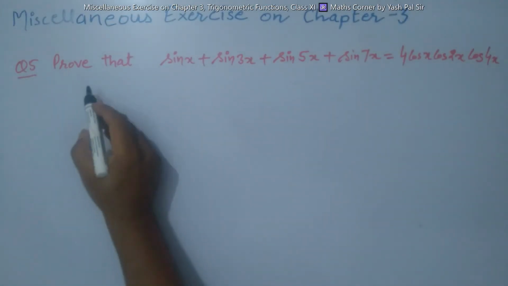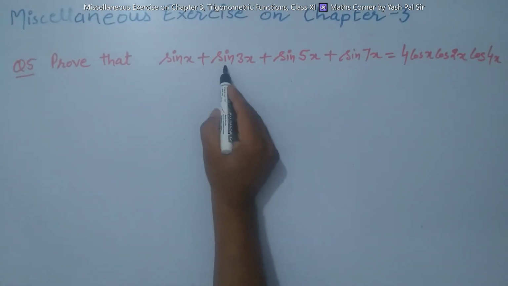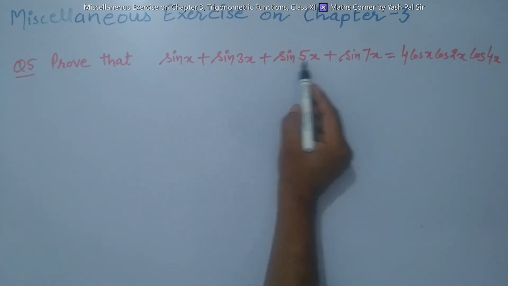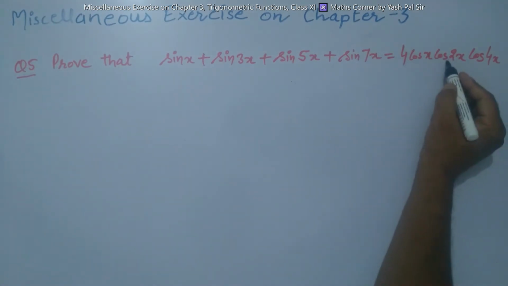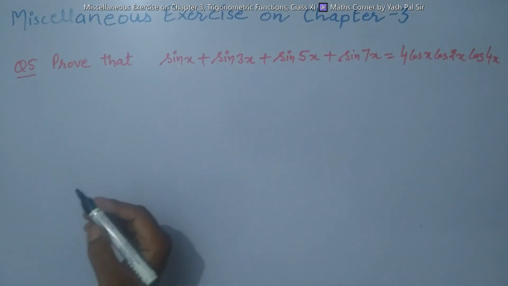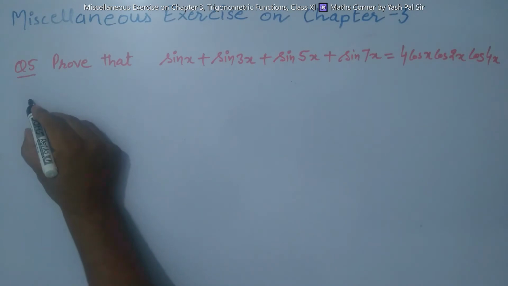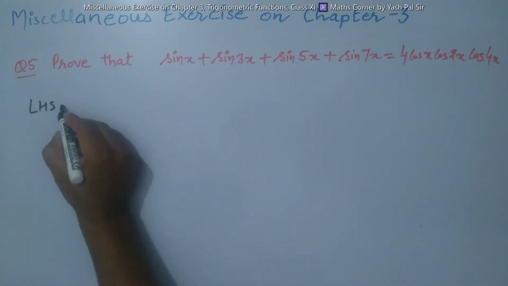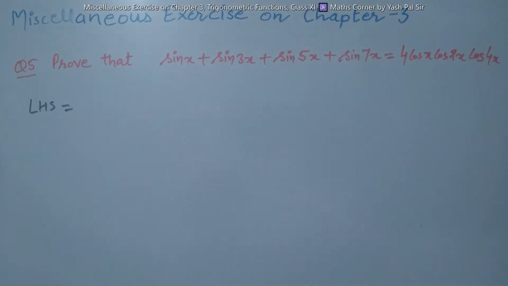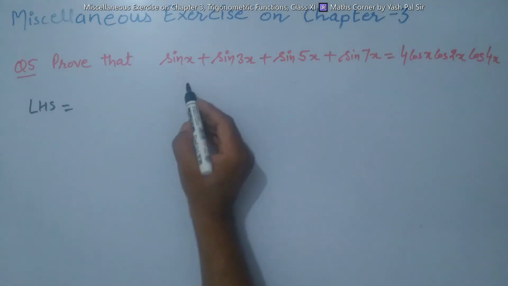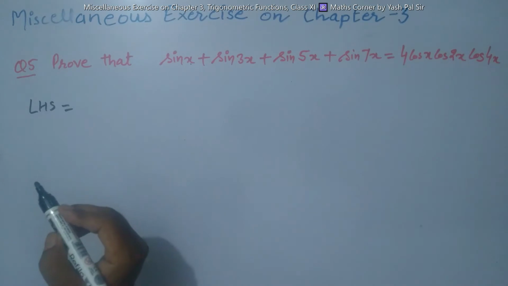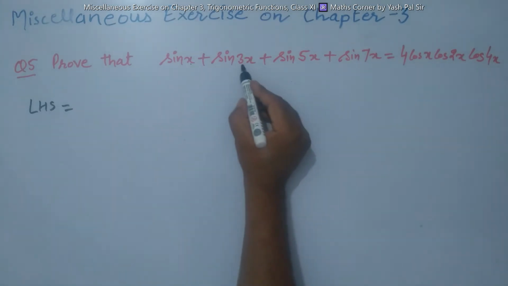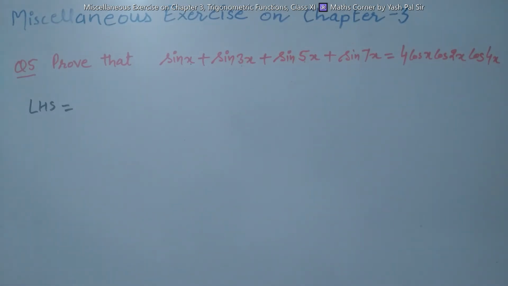Question number 5. Prove that sin x plus sin 3x plus sin 5x plus sin 7x is equal to 4 cos x cos 2x into cos 4x. So first of all, taking the left hand side, we make pairs. How to make the pairs? Sin x plus sin 7x, this is 8x, and 3x plus 5x is equal to 8x.